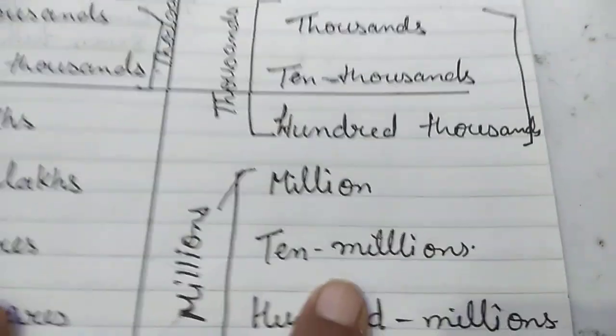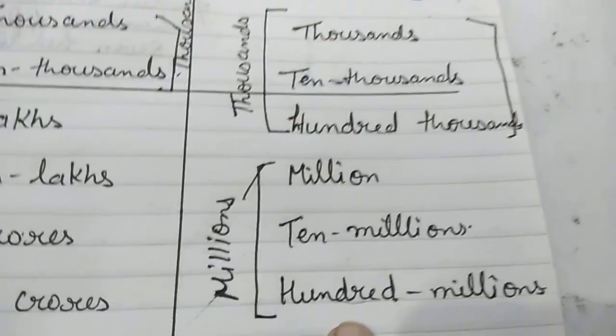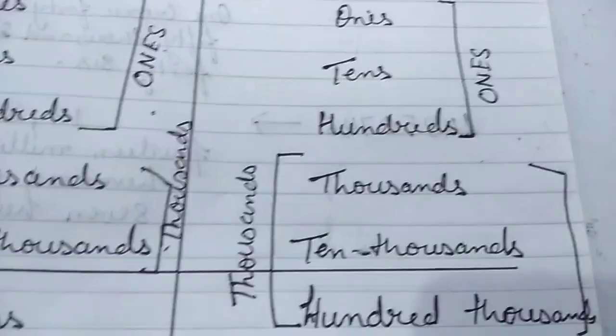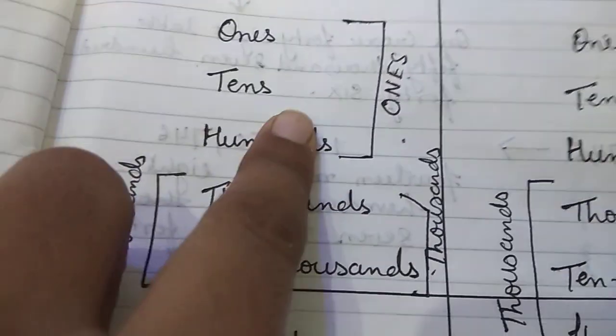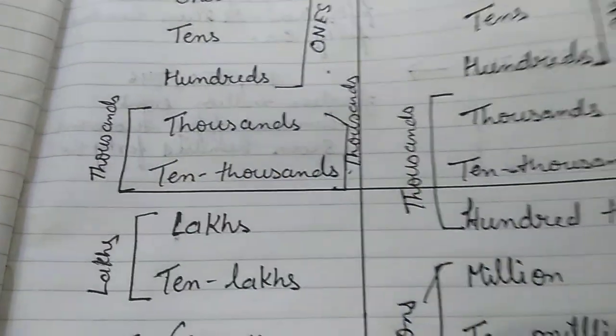After that, the millions period will come: million, 10 millions and 100 millions. Okay, it is very simple. 3 digits are there. But in the Indian number system, after the ones period, 2 digits will be there. So here is the difference between the Indian number system and the international number system.